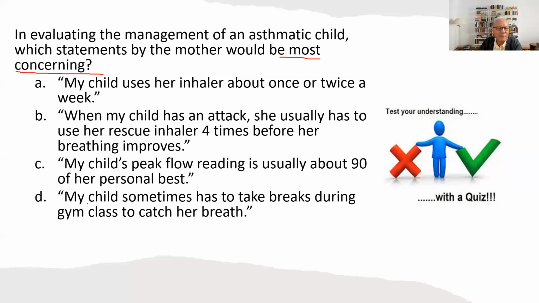All right. Great. Letter B is the one that's concerning because this means this patient is having severe attacks and therefore this is concerning. The patient is using her rescue inhaler 4 times before her breathing improves. She needs more treatment than the short-acting beta agonist. Okay.